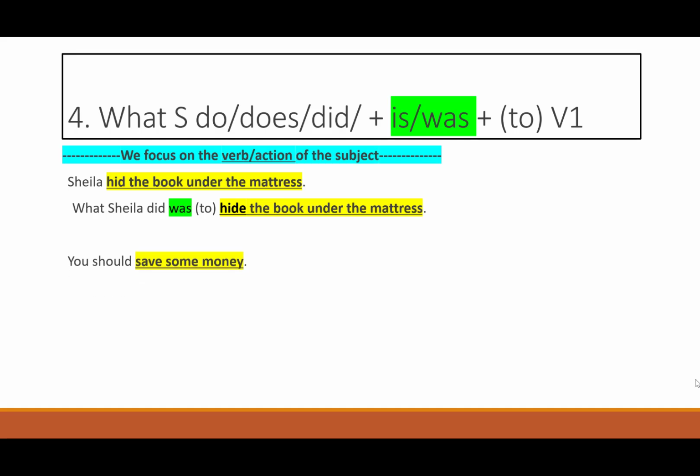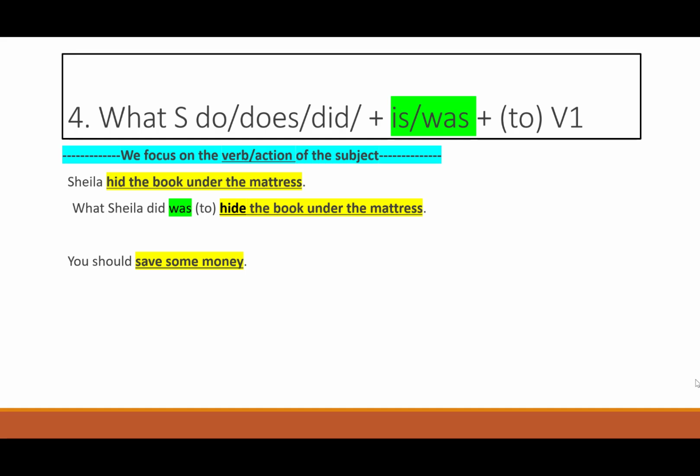Look at the next example. You should save some money. Now look at the pattern again. We have to use what, and then check the subject. The subject is you. Then look at the verb. It's a modal verb, yeah, guys. Should save.